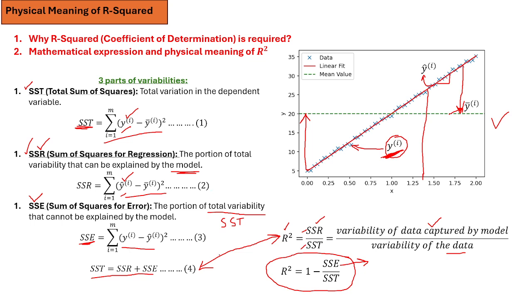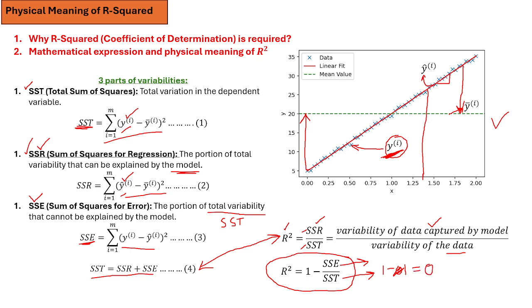That means SSE is going to be SST, and so it's going to be 1 minus 1, which is 0, which means this is a really bad fit.